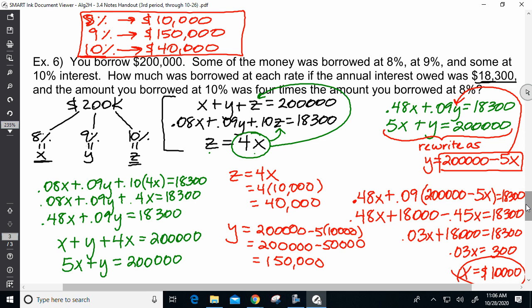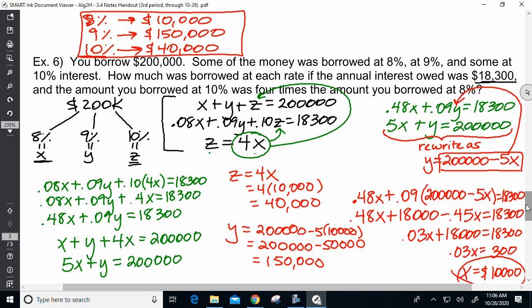So now you know what went into each account. No guesswork, just some solving equations. If you were to try to guess and check that, number one, have fun with that. Number two, don't get used to doing it that way, because if any one of those would have been some oddball number, then you're screwed.